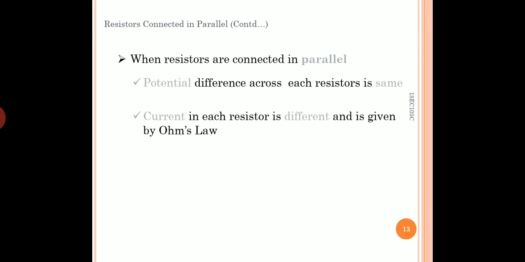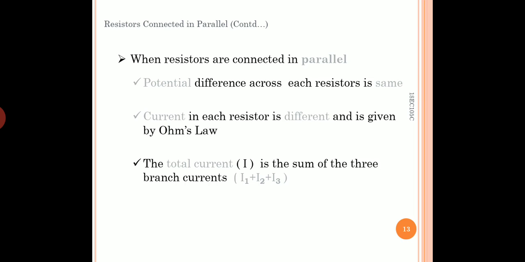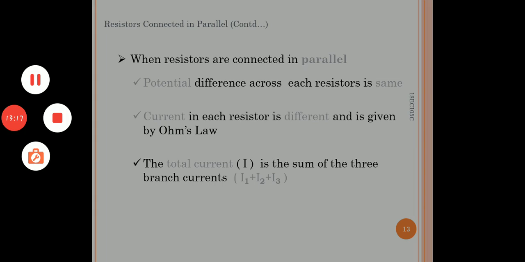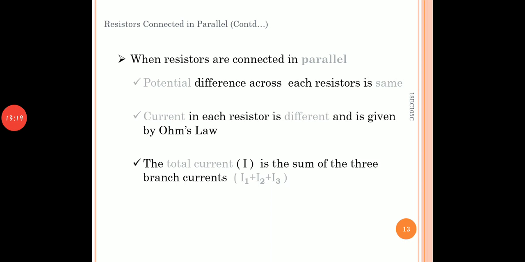So voltage divided by R will give the current in that particular path or in that particular resistance. And then coming back to the calculation of the total current, it is the sum of the three branch currents.